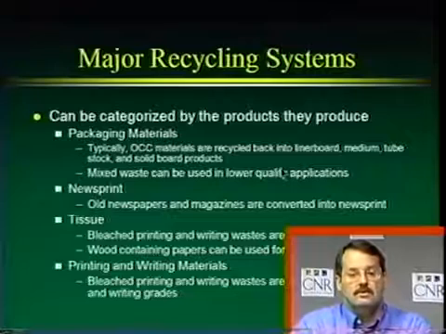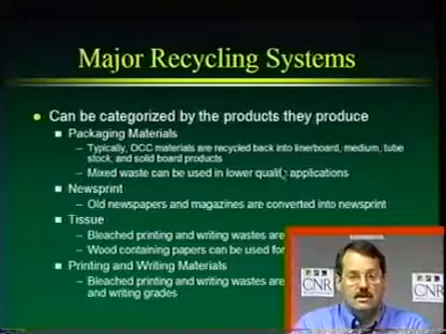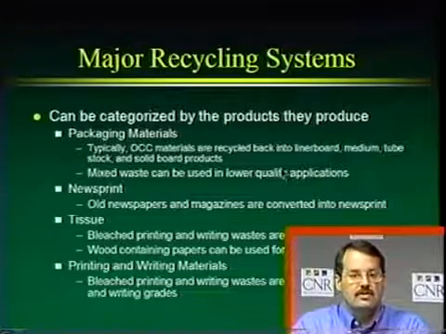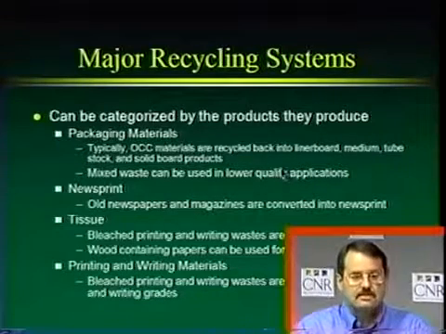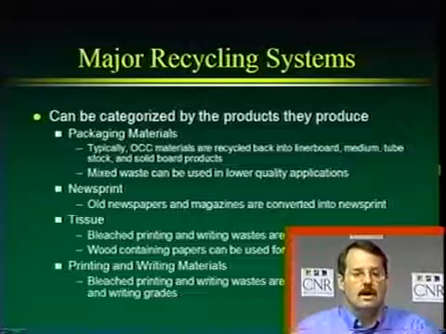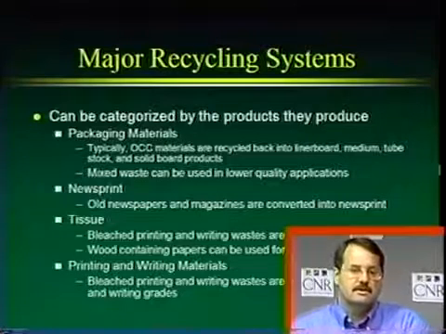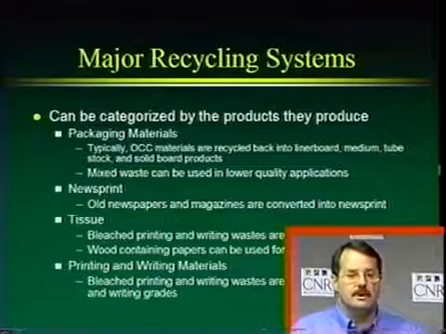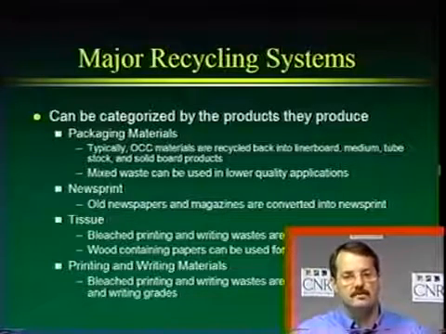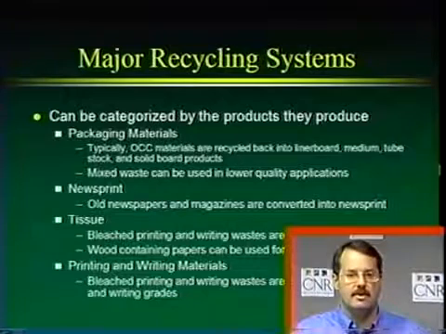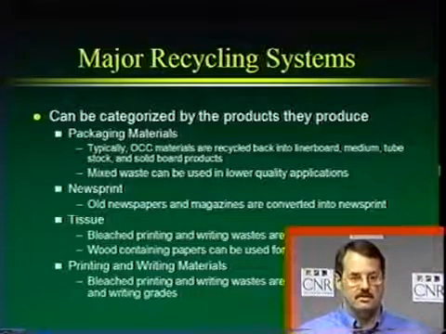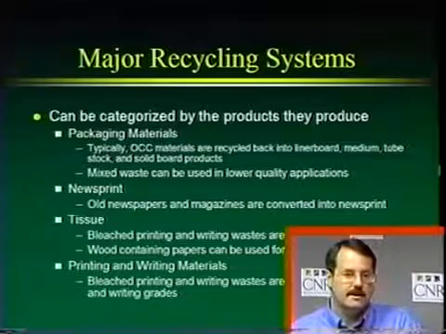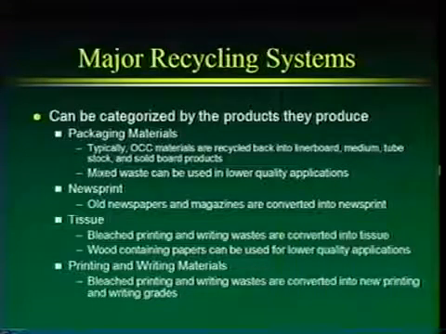We can also use mixed waste. It's a lower cost input to our system, and we can use that if we have lower quality applications, especially for things like folding board, which we'll mention later. If we want to make newsprint, typically newsprint and other types of paper that contain groundwood that are used for temporary purposes are made from old newspaper and magazines, and they're de-inked.